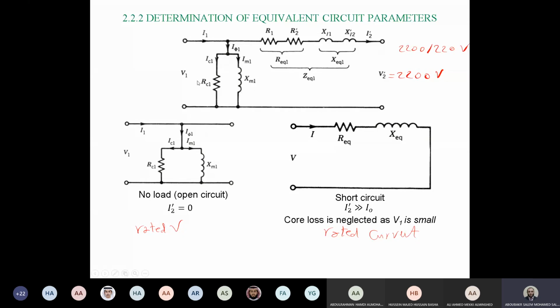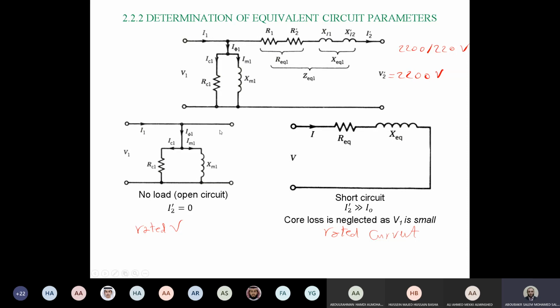So if you make the open circuit test at lower voltage, this means you will calculate the RC at lower power absorption, which means it will not give you the accurate value of core loss. So in the open circuit test, you have to apply the rated transformer voltage. This is to calculate the RC or core resistance accurately. Okay? This is for open circuit.